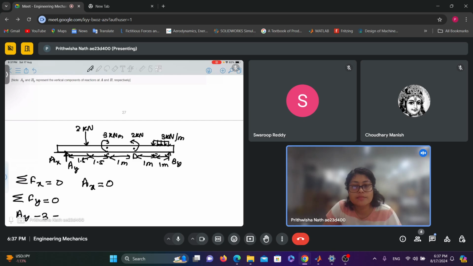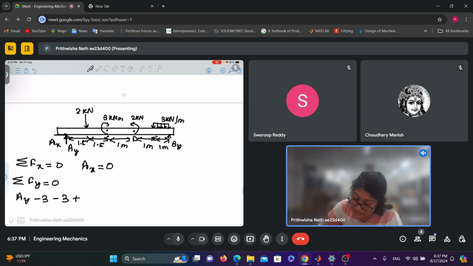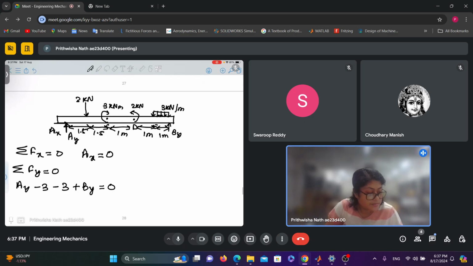The total force for this uniformly distributed load is 3 kilonewton. So minus 3 plus Dy, right? equals to 6.